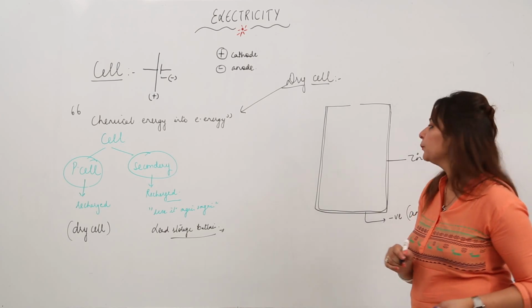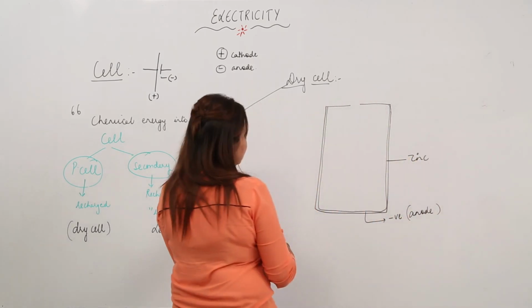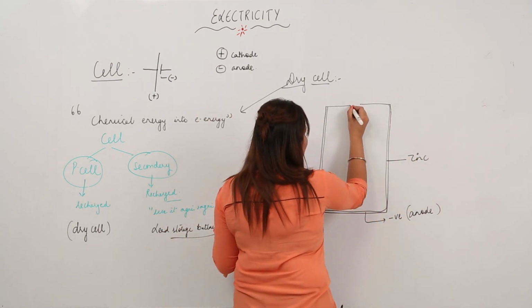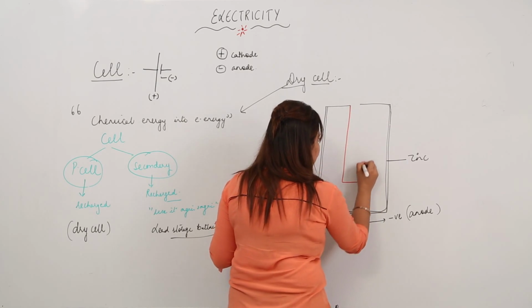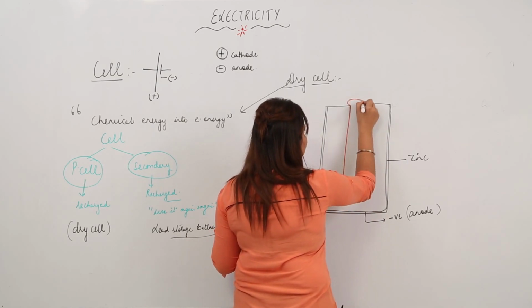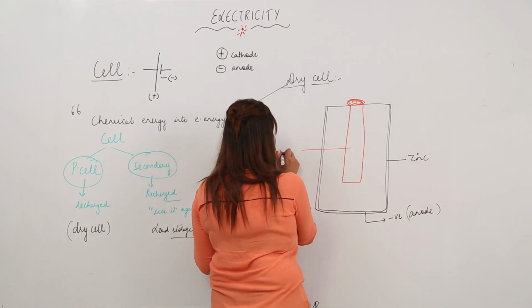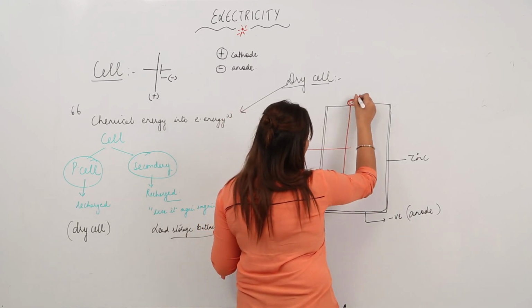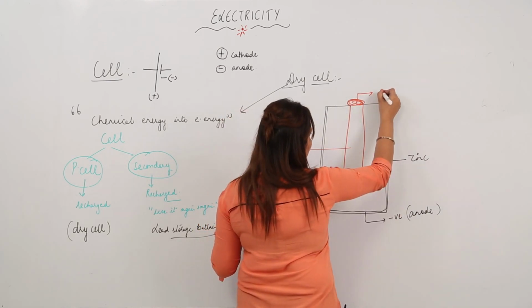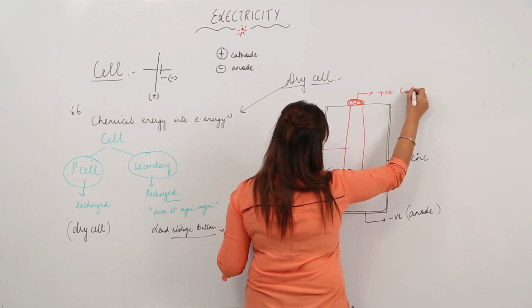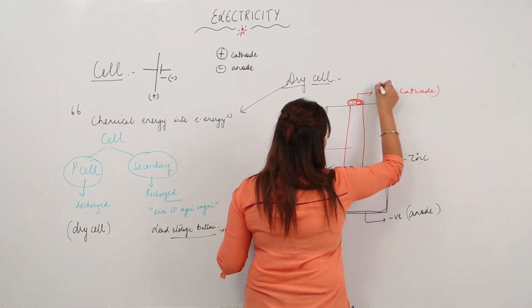This is the zinc container. Now there is a carbon rod inside like this which has a brass cap. This carbon rod and the brass cap act as the positive terminal, that is the cathode.